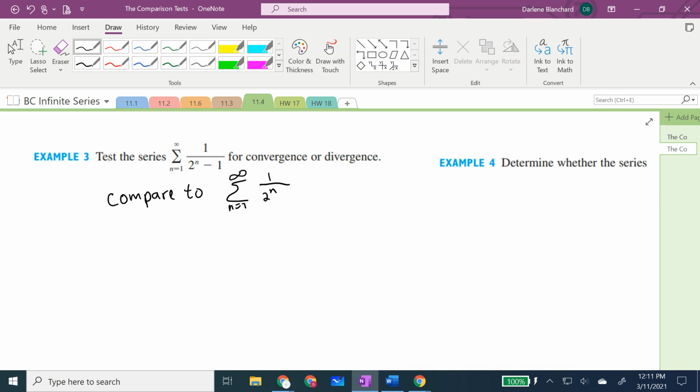So what I want to remind you of, let me just side note. If you see 1 over n squared versus 1 over 2 to the n, let's make sure we're really clear about the difference. This looks like a polynomial. That's a p-series.